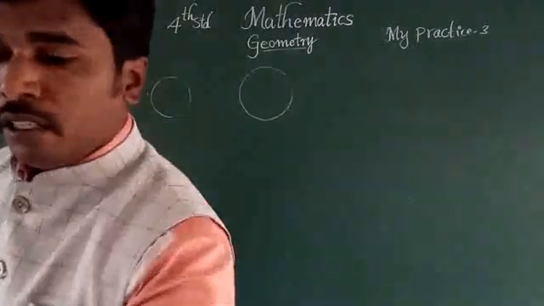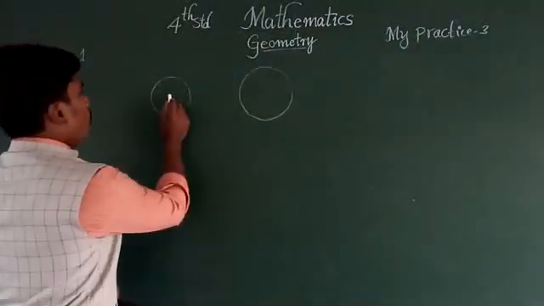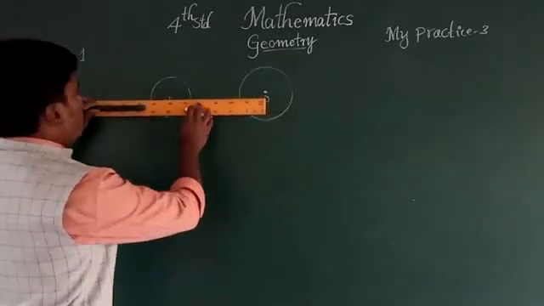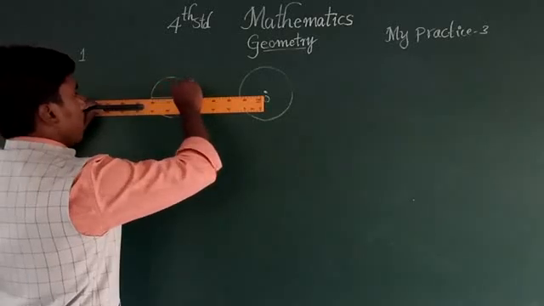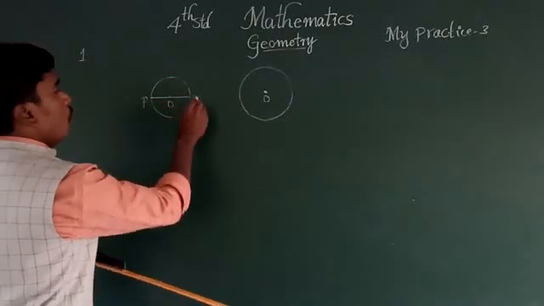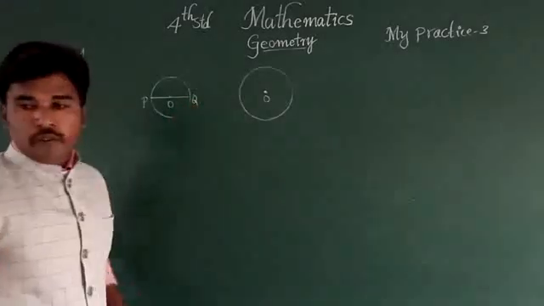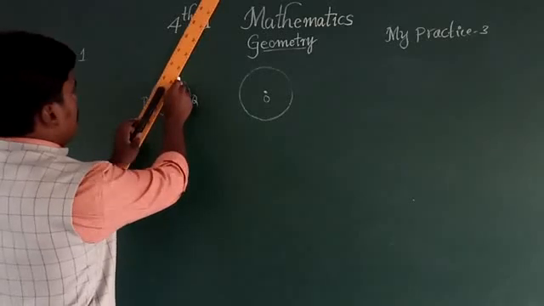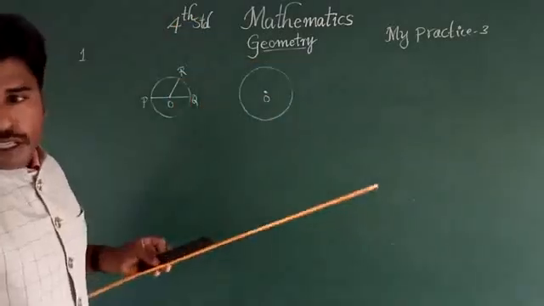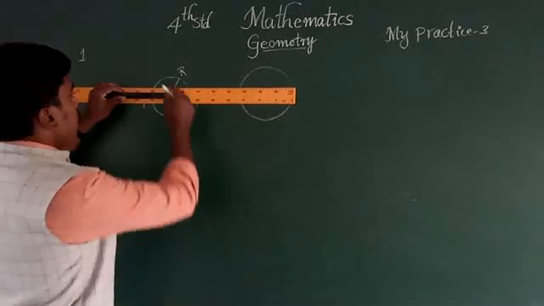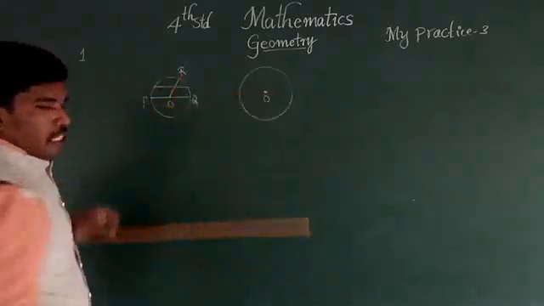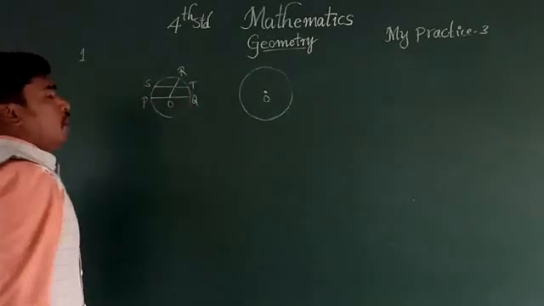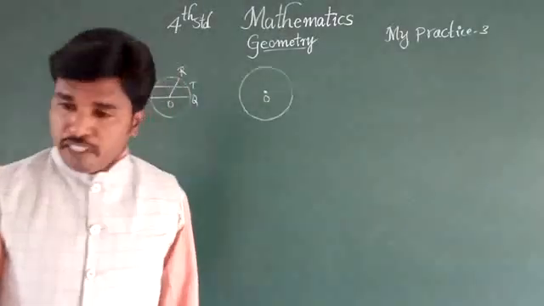They have given the circles, and the points are also given. This is one circle, and it is another circle. They have given POQ, where O is the center of the circle. Then it is R. And one more line they have given like this, with points S and T. Okay, this is the first circle.